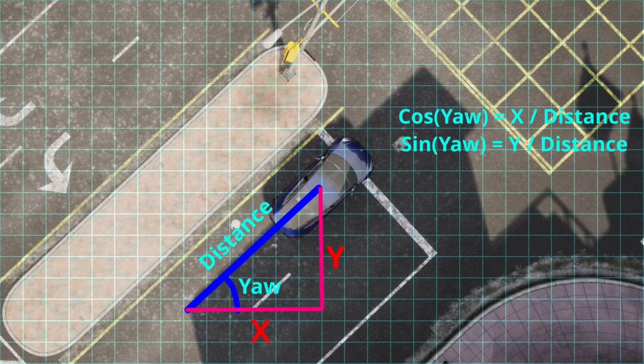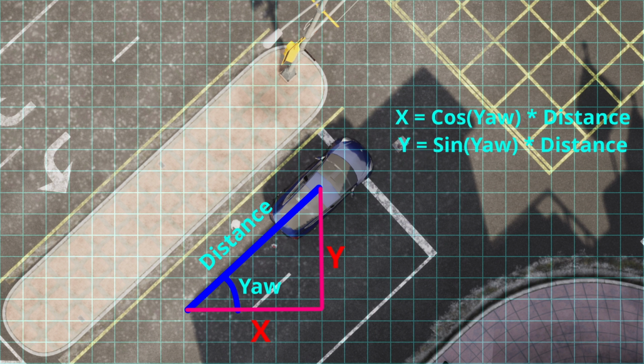Those things are essentially ratios. Sine is the opposite side to your angle. You take that opposite side and divide by your hypotenuse. And our hypotenuse is our distance to the car. Cosine is very similar, but we take the adjacent side to the angle that we've got measurement of and divide that side by the hypotenuse. Then we just need to rearrange those formulas so we get our formulas to calculate x and y.